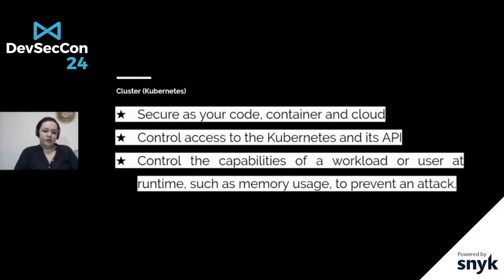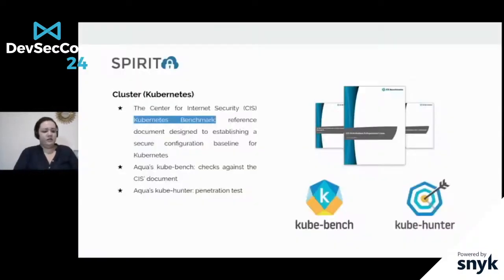And controlling, for example, other capabilities such as workloads or user runtimes, and such as memory use to prevent attack. The Center for Internet Security also has a document about Kubernetes security.